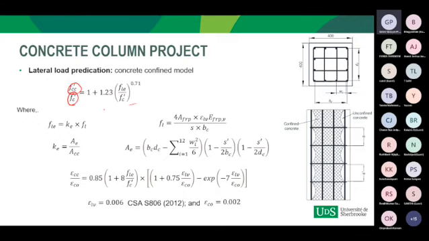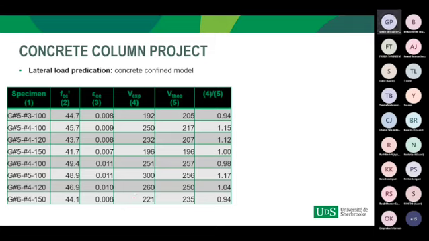The confined concrete strength was calculated using this equation, and the confined compressive strain was calculated using this equation, and the lateral GFRP strain was limited to 6000 microstrain, which is required by the CSA S806. So the calculated confined compressive strength has an average value of around 45 megapascal compared to the 30 megapascal of the normal concrete.